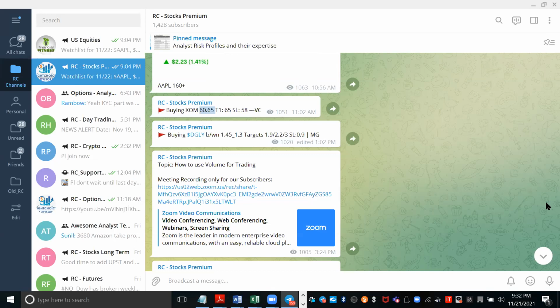That is one more type, where you see these like target one. For example, if you have multiple targets, how do you handle it? You are buying DGLY stock between 1.45 and 1.3. If it is in that range, you can buy this stock. Now the stock moved to 1.9 within a week.